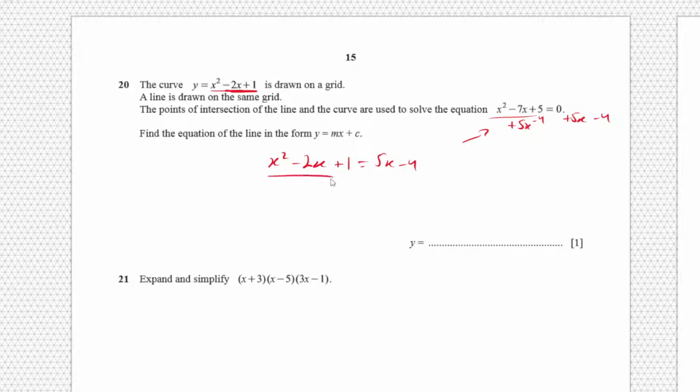And essentially, that is the line that was drawn. Because when you make both of them equal, and then go in reverse and put that back into this, it would make it look like this. So essentially, the solution of this will give you this equation. So y, the line that was drawn, equals 5x minus 4.